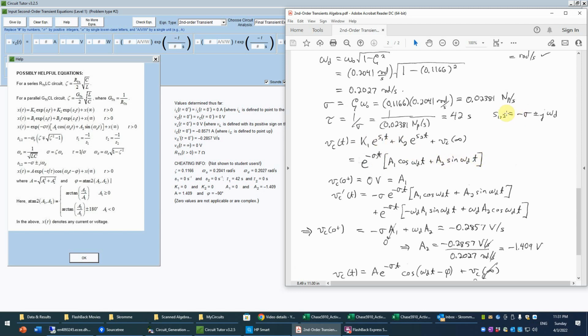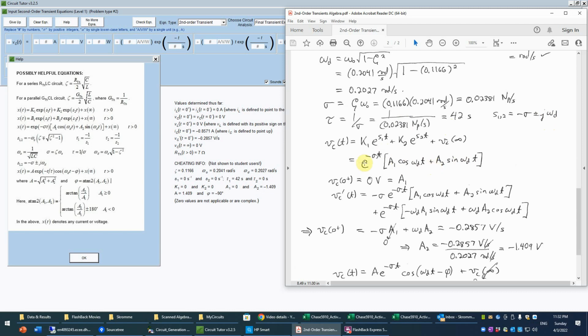Both of these have the same real part, which is negative sigma, so that comes out front here. And the e to the plus or minus j omega dt is the part that is producing the cosine and the sine. So that's how we get the damped sinusoid.